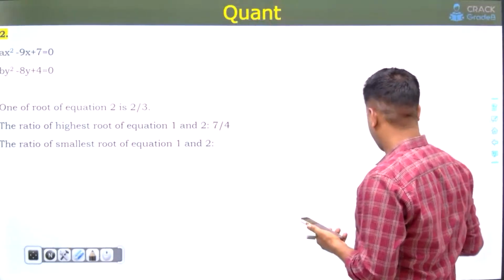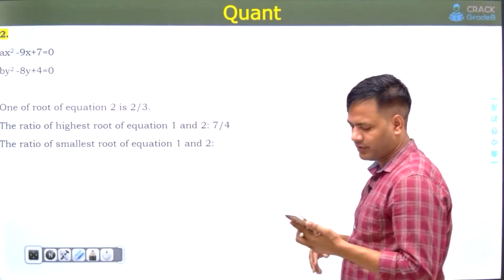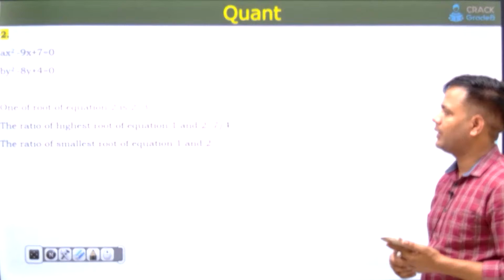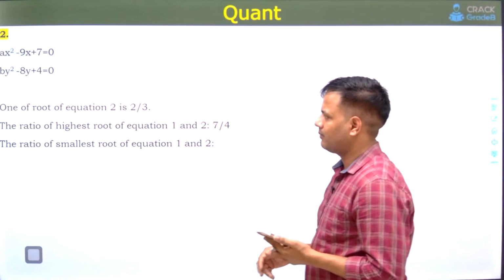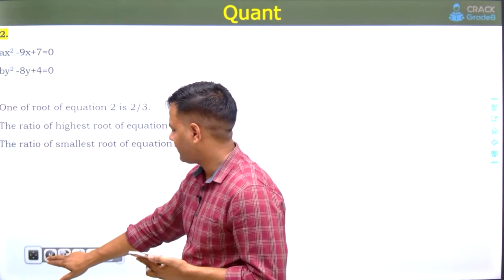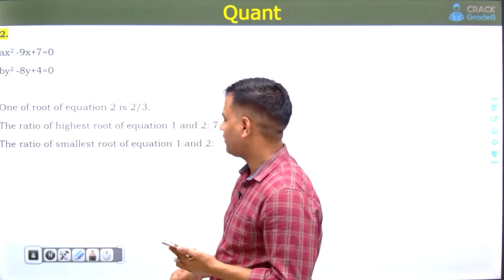So let's solve this question. ax square minus k 9x plus 7 equal to 0, by square minus k 8y plus 4 equal to 0.